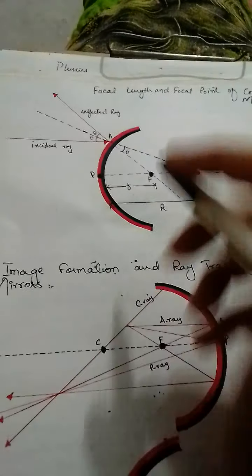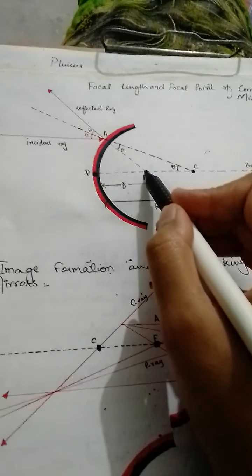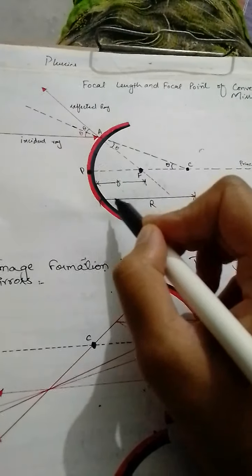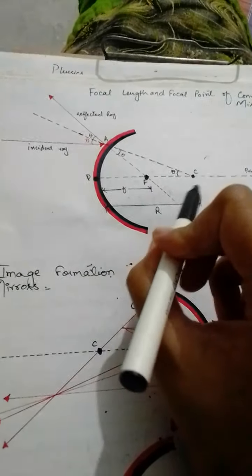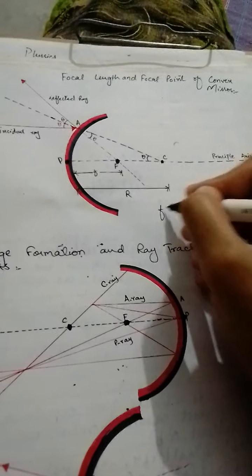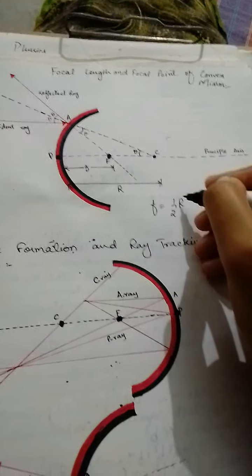That's why it's called the focal length, the length of the focus from the pole, which is half of the distance between the pole and the center of curvature, or simply the radius. So mathematically we can again write it as F equals half of R.